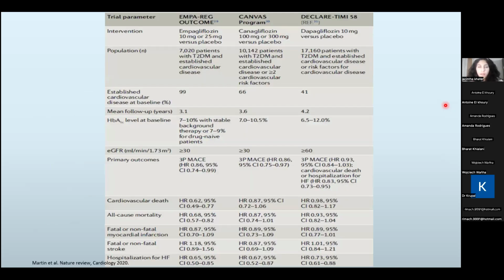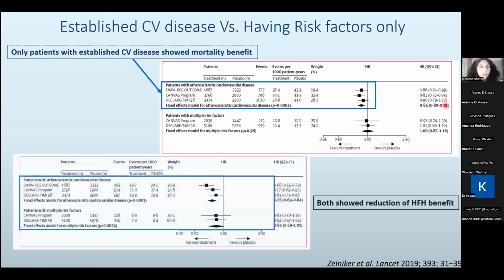So I focused mainly on 3 different trials. We've got the EMPA-REG OUTCOME, CANVAS, and the DECLARE-TIMI 58. Here the study is trying to compare the difference between a group of patients that had already established cardiovascular disease and another sample that had only multiple risk factors.